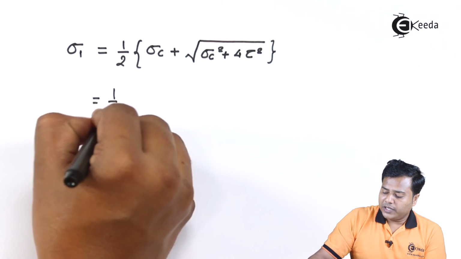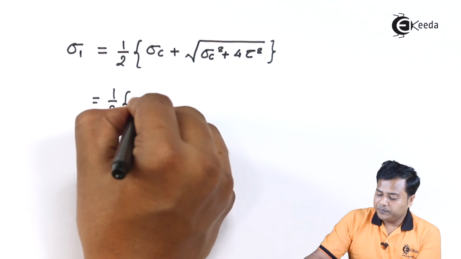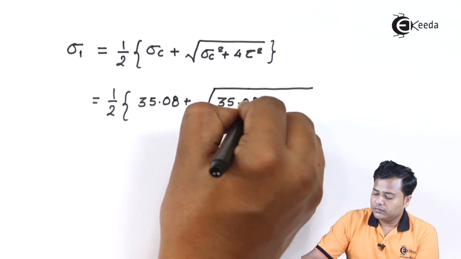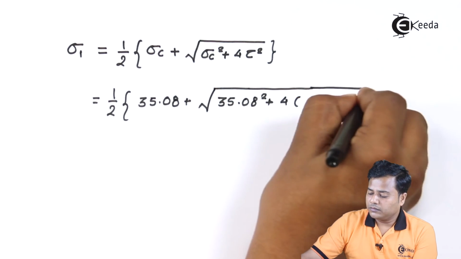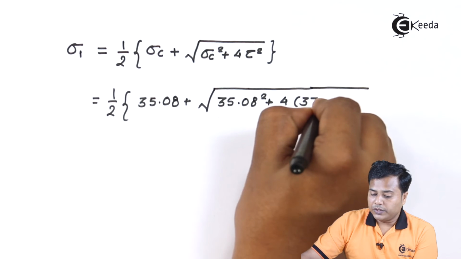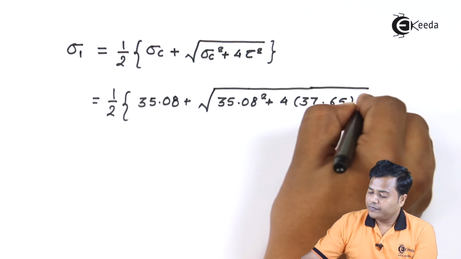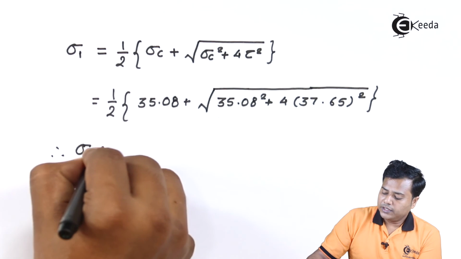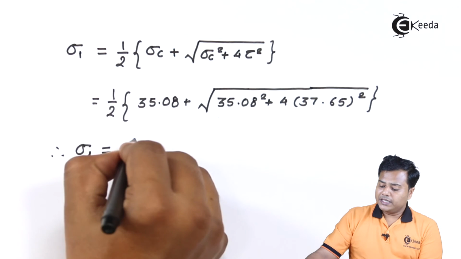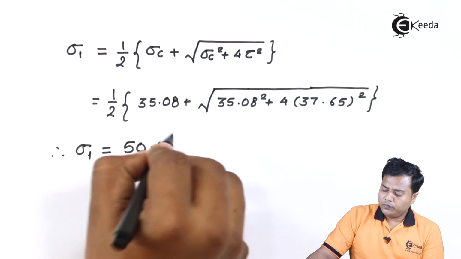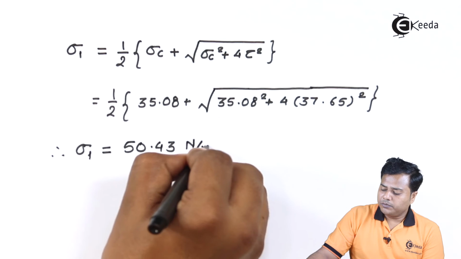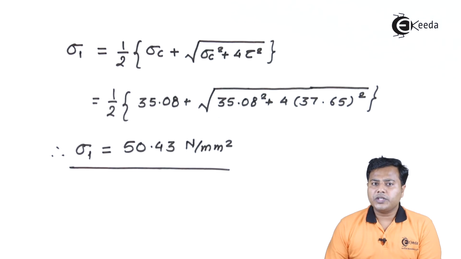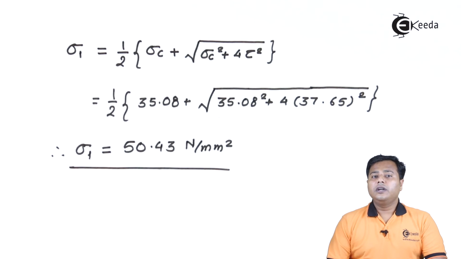So if I substitute those values, with the tau value which we have found out being 37.65, sigma 1 comes out to be somewhere around 50.43 Newton per millimeter square. So this will be the principal stress that will be induced in this particular application.